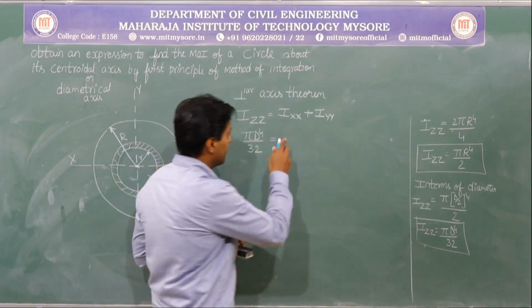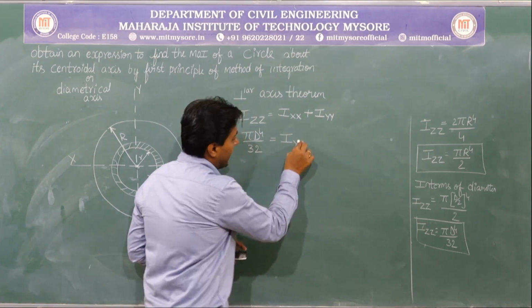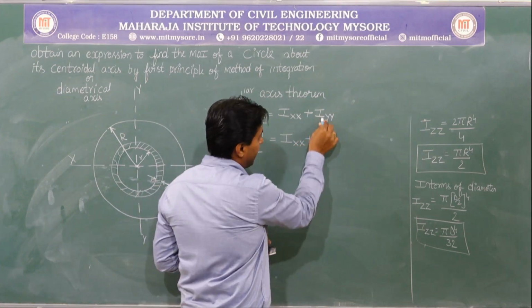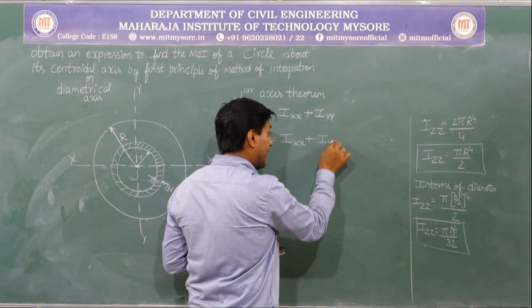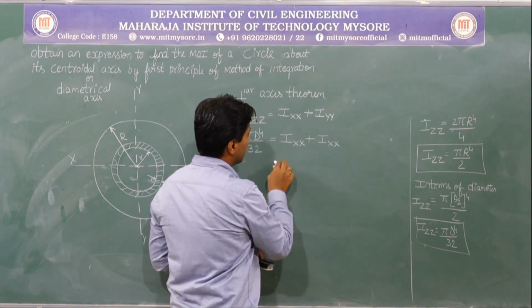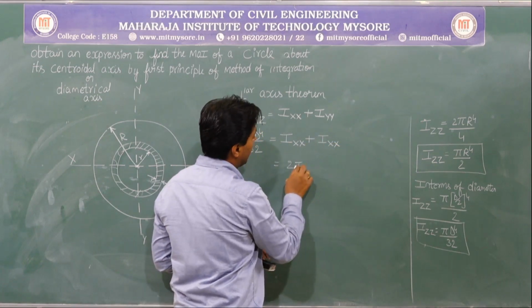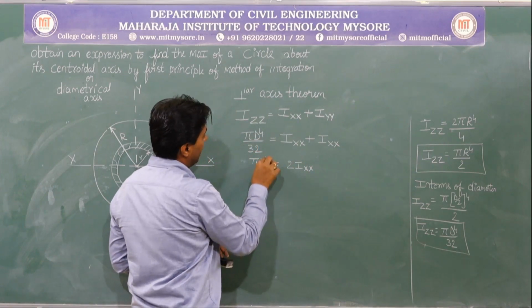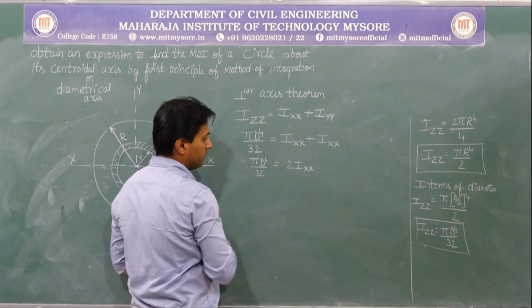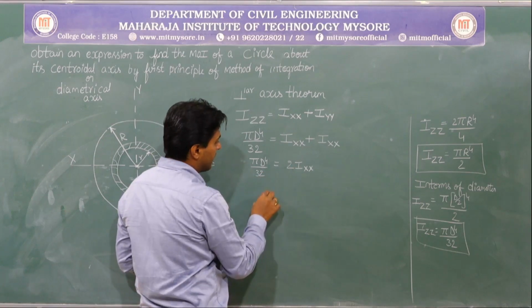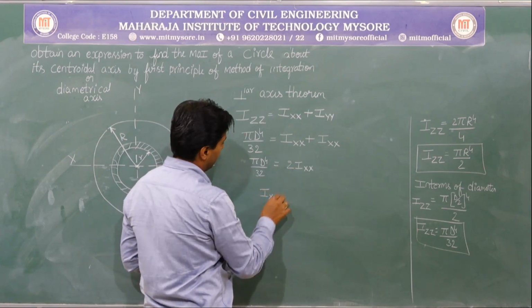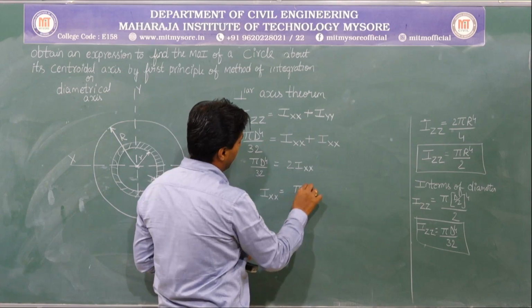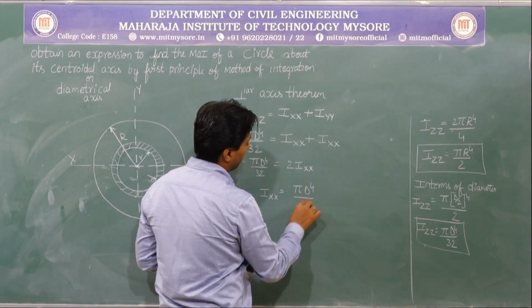So instead of Iyy, I can write Ixx because it's a circle. So this will become 2Ixx, and this is pi d4 by 32. Now Ixx is equal to pi d4 by 64.